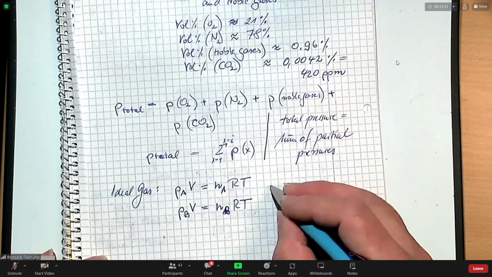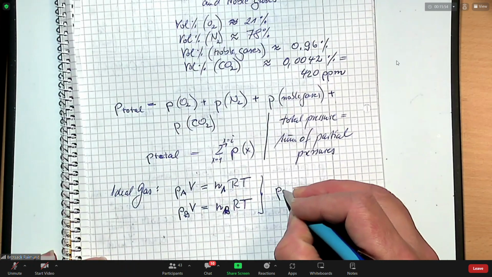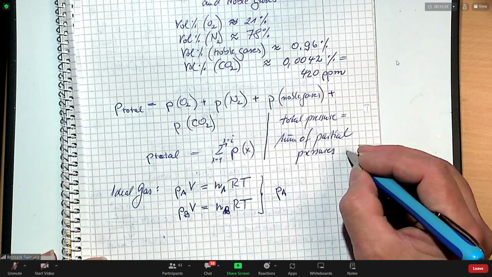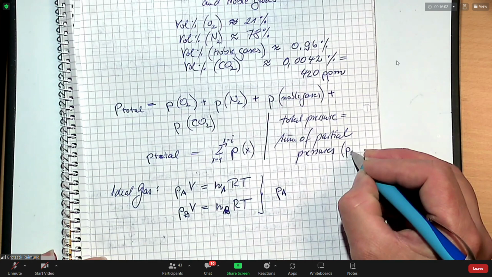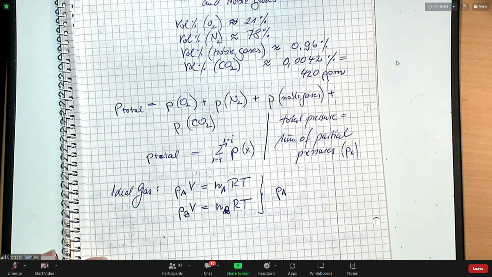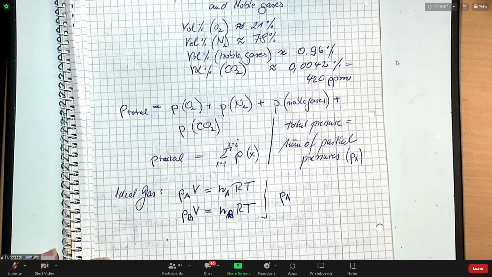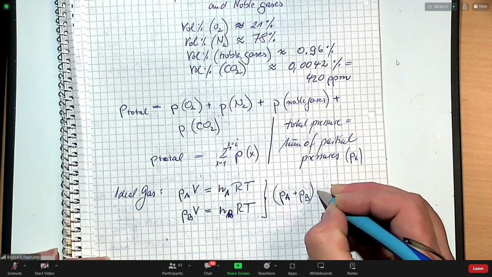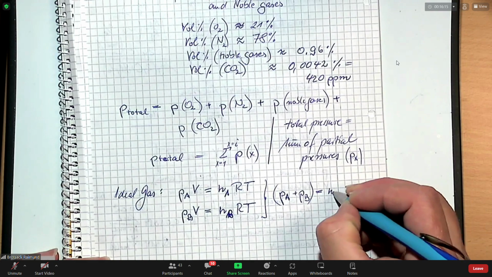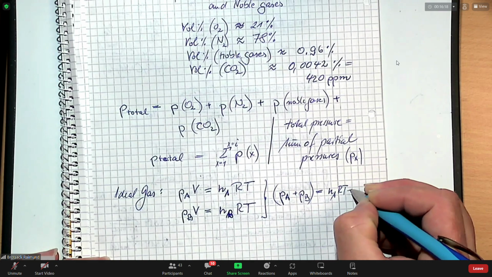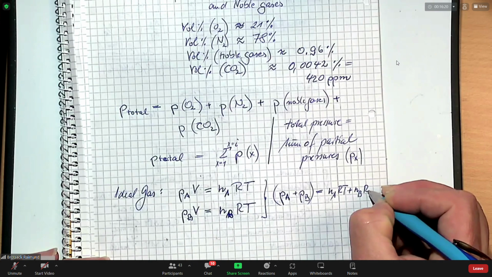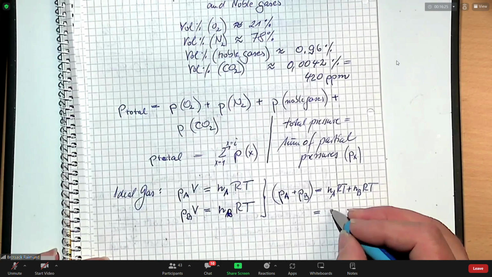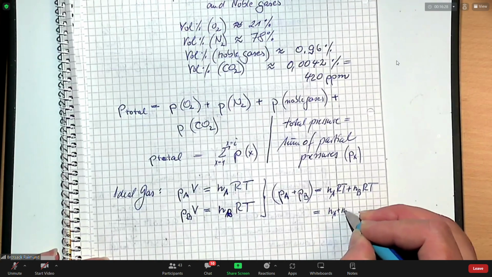So if we now calculate the partial pressure of component A, plus the partial pressure of B, it is n_A RT plus n_B RT, or it is (n_A plus n_B) RT.